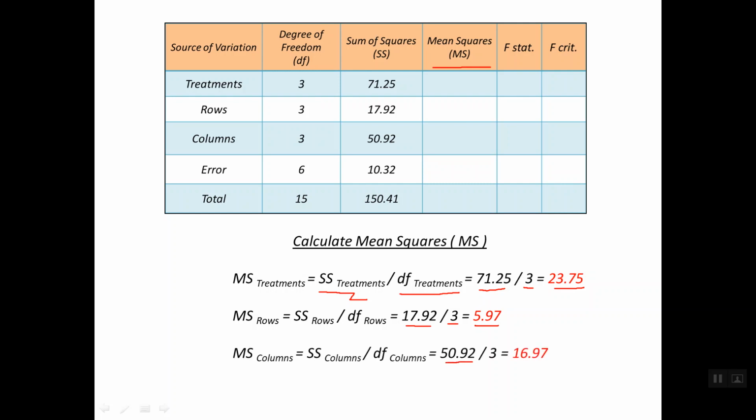The SS for the columns, degree of freedom for the columns, so this is the MS for the columns. And finally, the MS for the error, this is the SS for the error, and this is the degree of freedom for the error, so it's equal 1.72.